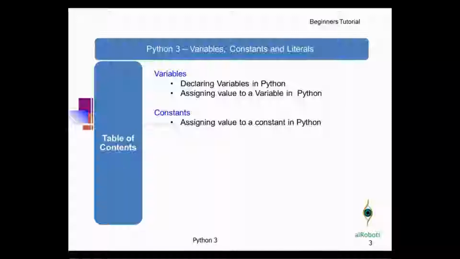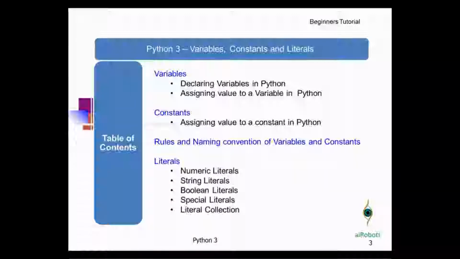We will learn how to assign a value to a constant in Python. Next, rules on naming conventions of variables and constants. Finally, in literals, you are going to learn about numerical literals, string literals, Boolean literals, special literals, and literal collection. Let's start the session.